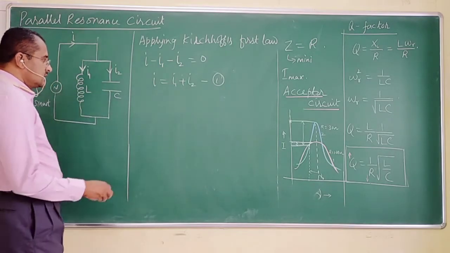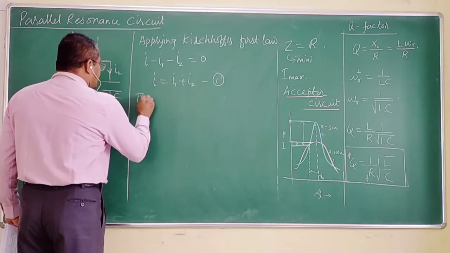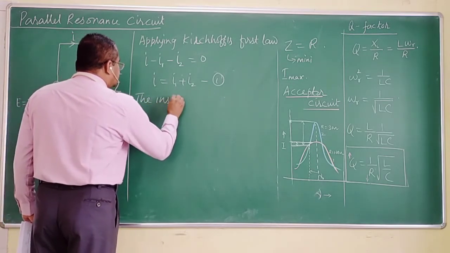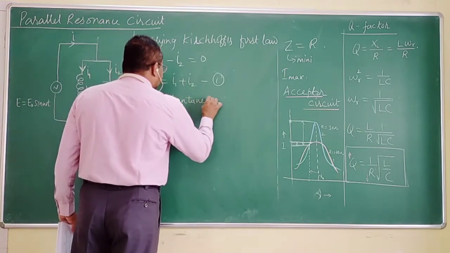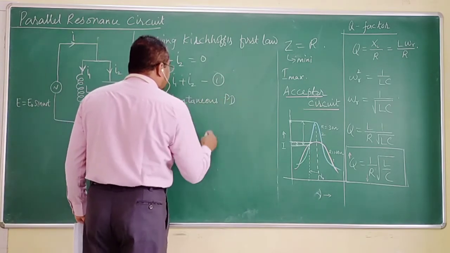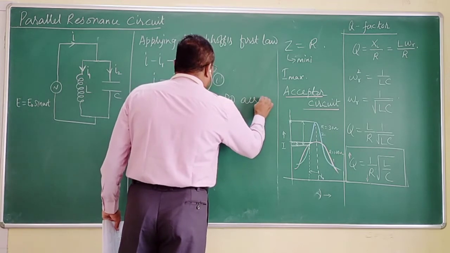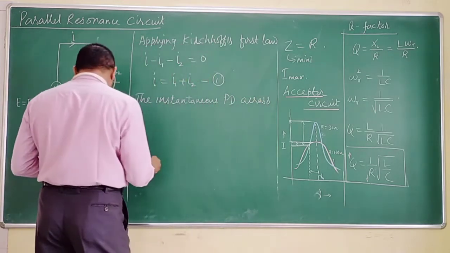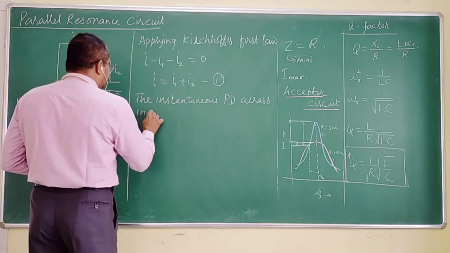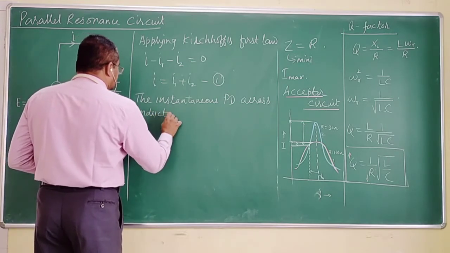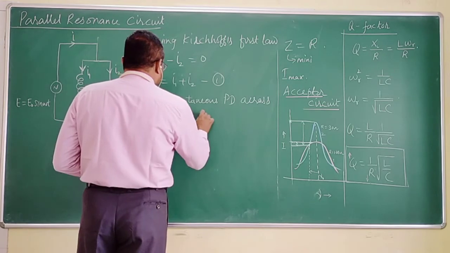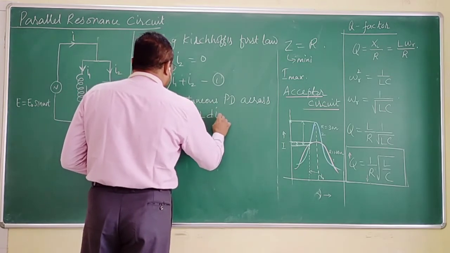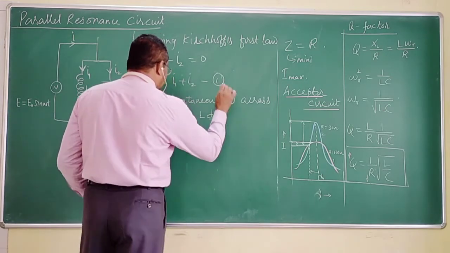Now, the instantaneous potential difference across the inductor I can write as equal to L di1 by dt.